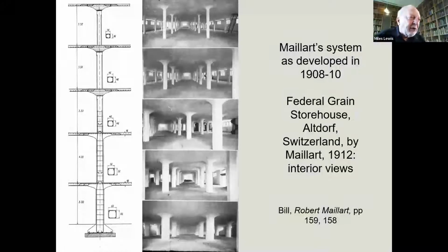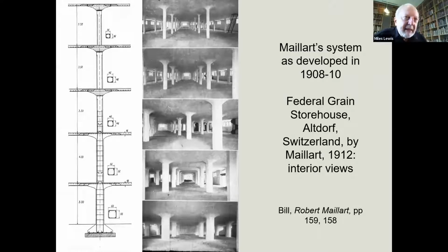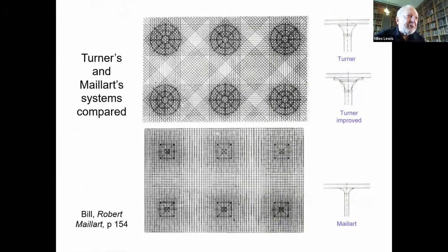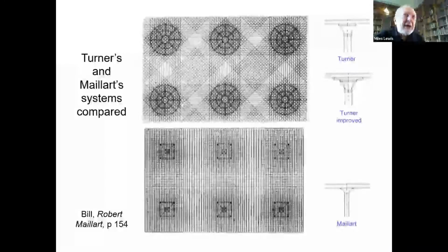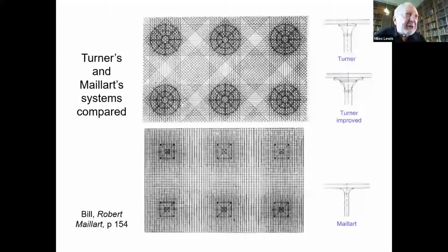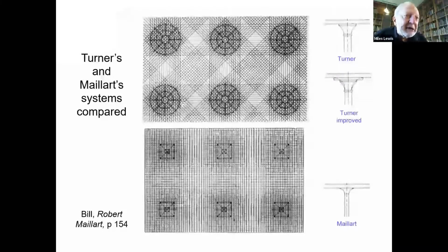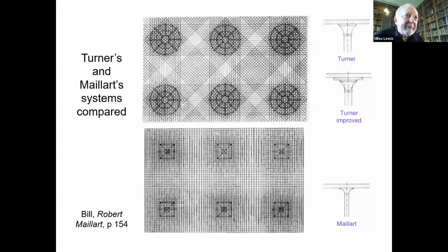You can see on each floor how the column reduces in dimensions because the weight reduces. And the finished floor is much more elegant, I think, than the American version. But the reinforcement is only two-way. So here you have Turner's American system at the top with the four-way reinforcement and Maillard's two-way reinforcement at the bottom.